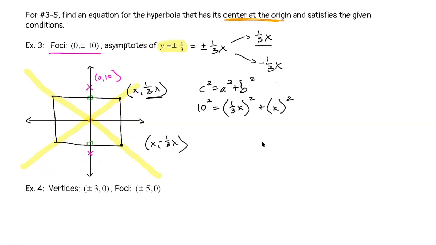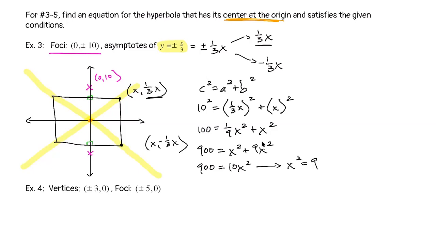And so let's multiply this out. We've got 100 equals 1/9 x squared plus x squared. This is going to give me 900 equals x squared plus 9x squared. So I just multiplied everything by 9 to get rid of that fraction. That gives me 900 equals 10x squared, or that x squared equals 90.